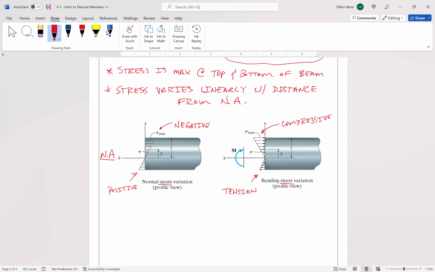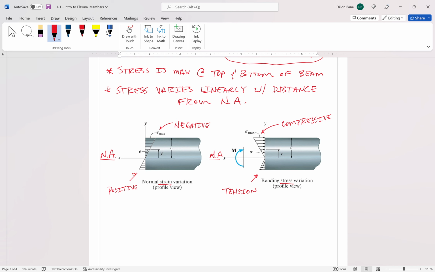So we get compressive stress on the top of the beam, we get tensile stress on the bottom of the beam, and the maximum compressive stress will be at the very top of the beam, the maximum tensile stress will be at the very bottom of the beam. At the neutral axis, we have no stress, which makes sense because we have no strain.